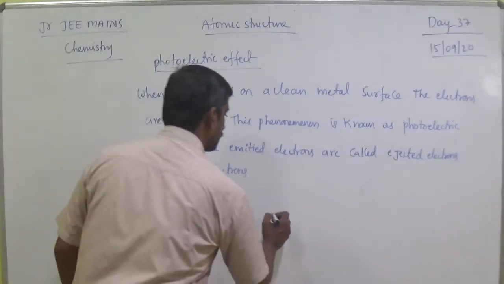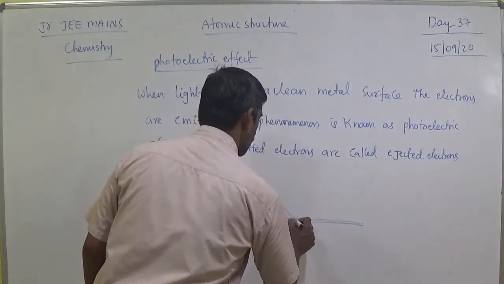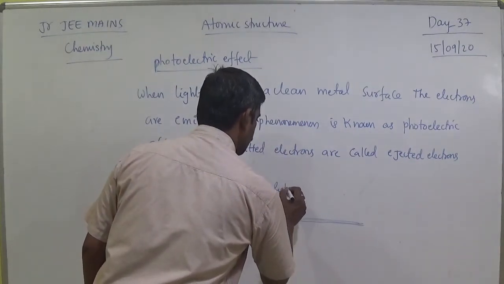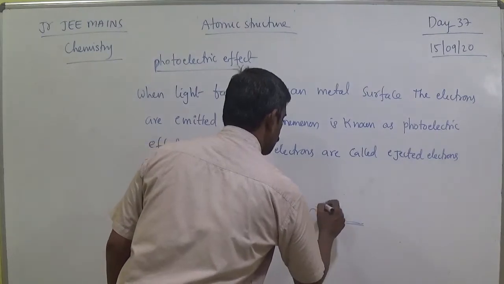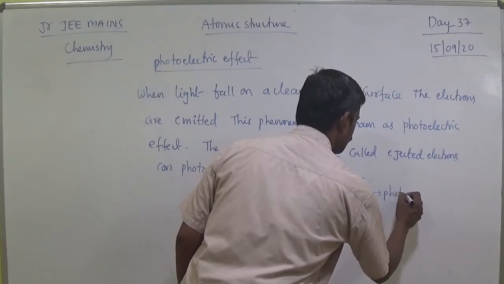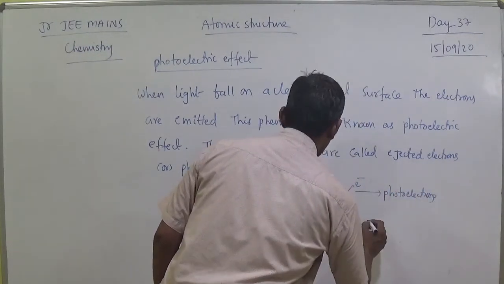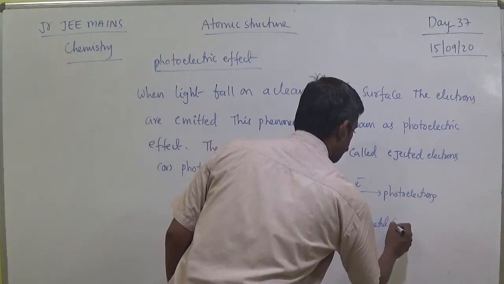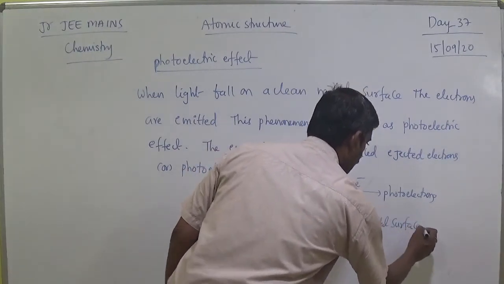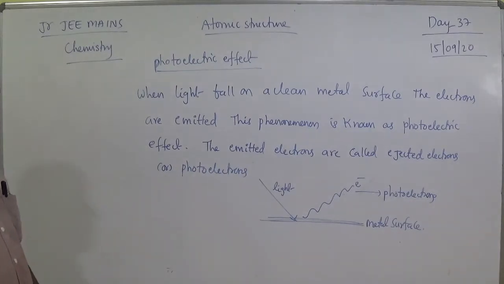Simply, here these are the clean metal surface, and these are the light. So electrons are emitted. These are photoelectrons. These are the metal surface. Okay, so this is the photoelectric effect.